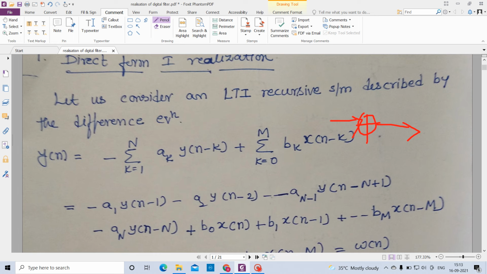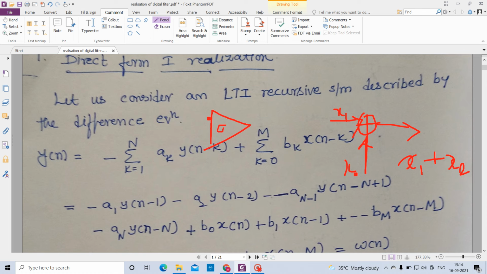So we have two inputs, X1 and X2. Then the output is X1 plus X2. Similarly, the constant multipliers are represented symbolically like this.